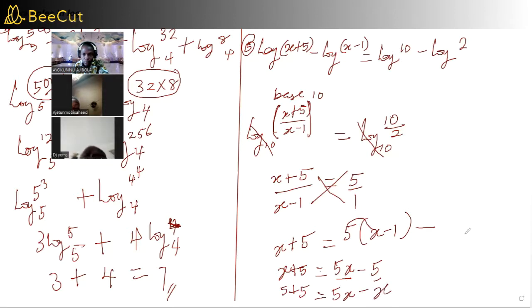Now, what is 5 plus 5? 10. So I have 10 equal to, what is 5x minus x?